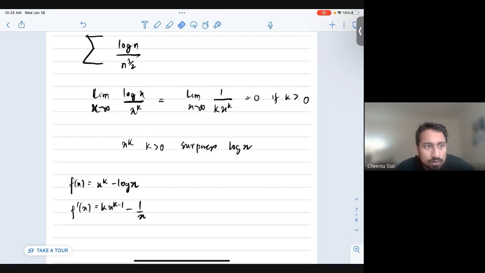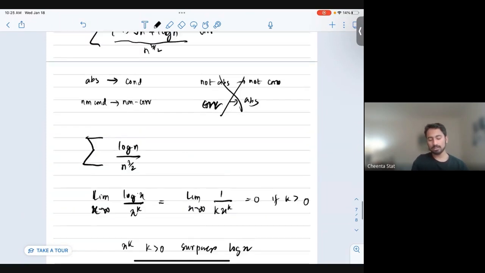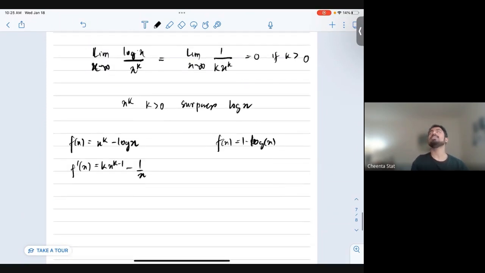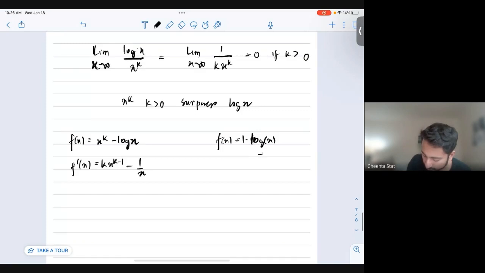Actually, I don't know if it's true or not, but for k equal to 0, f x is equal to 1 minus log x. You know that as x goes to infinity, this goes to minus infinity, right?